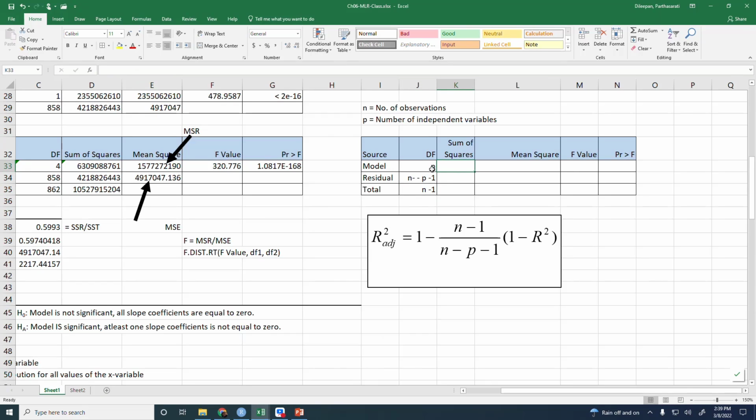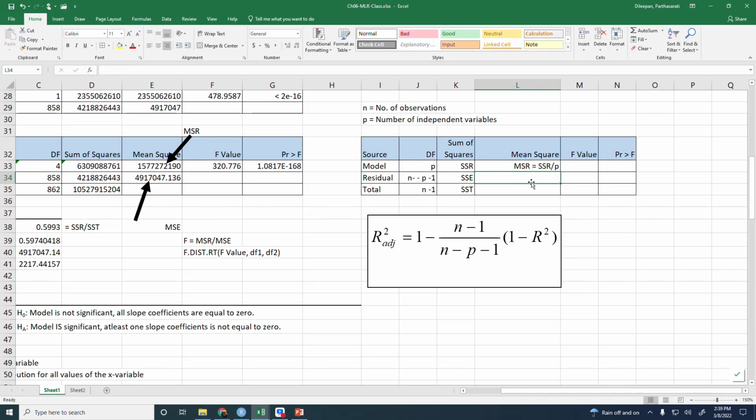So this is SSR, SSE, and SST. That is, sum of squares regression is SSR, SSE is sum of squares error, and SST is sum of squares total. This is MSR. MSR is SSR divided by the degrees of freedom, which is p.